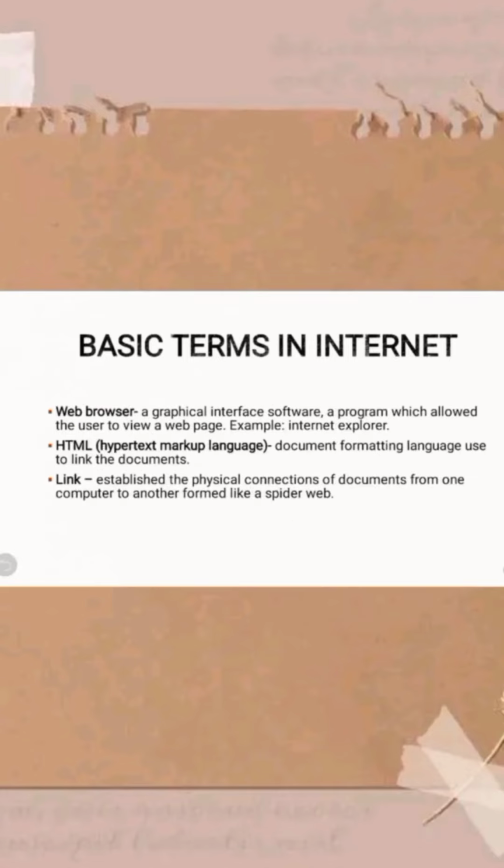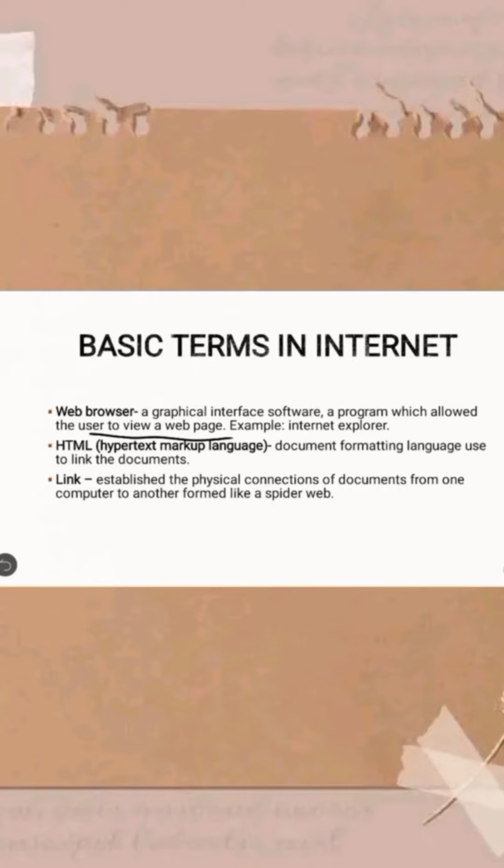And the last one is the web browser. A web browser is a graphical interface software, a program which allows the user to view a web page. Di ba na-discuss na natin yung web page kanina? So this web browser is a program that allows the user, or a person that is using the internet, to view a web page.